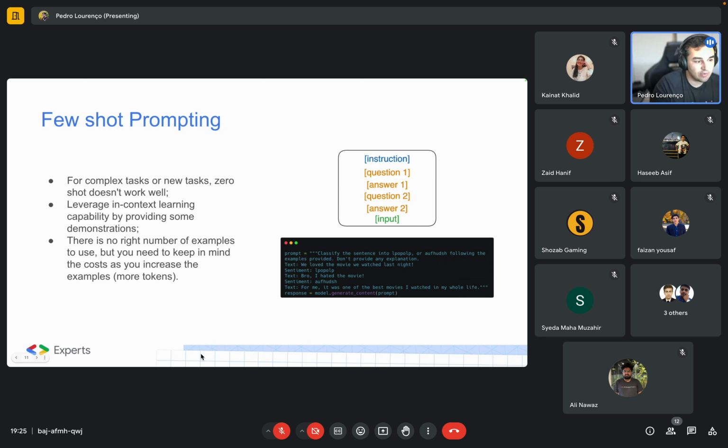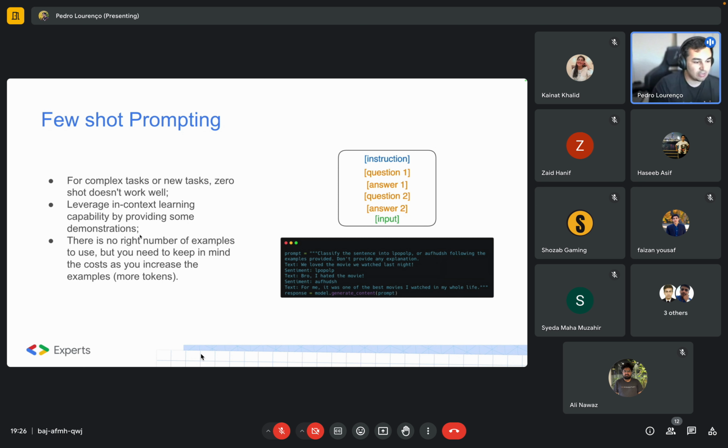So this is few shot prompting. Zero shot and few shot are what I'm calling basic prompt techniques, because they are very straightforward. If you have any questions, you can just type in the chat and we can discuss. Now we are going to go to the advanced prompt engineering techniques.